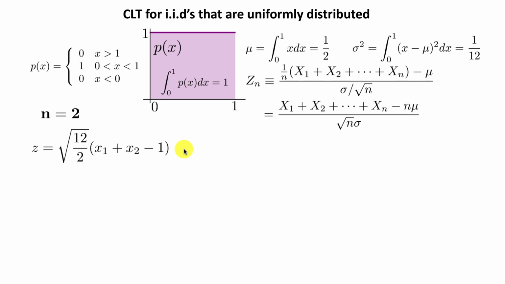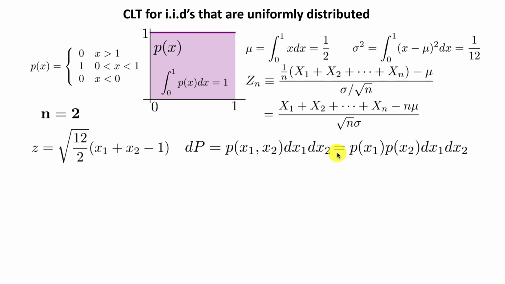Again, we'll define the probability distribution P as the following. The probability of finding x1 in the interval dx1 and the probability of finding x2 in the interval dx2 is this thing over here, which, because the two random variables are independent, is of course just the product that's over here.